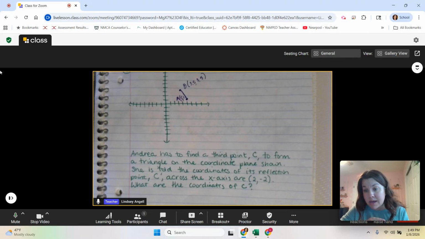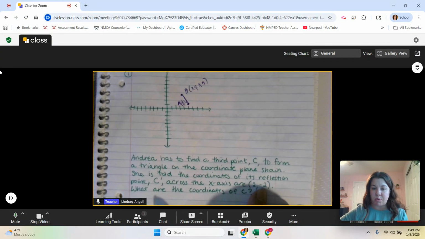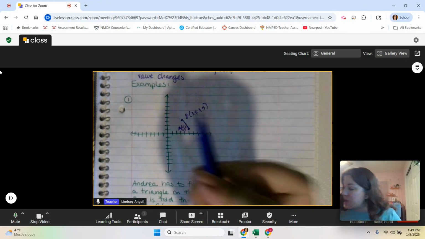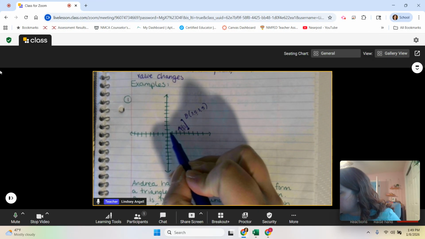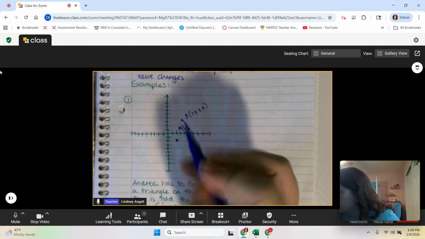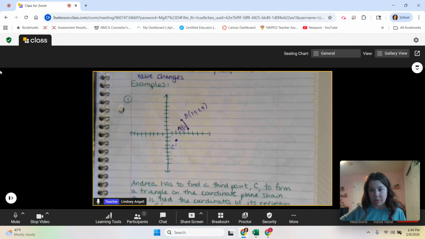So let's go ahead and plot C prime first, which is this point here, (2, -2). All right? From the origin, we would go over 2 to the right and then down 2. That right there is C prime, okay?